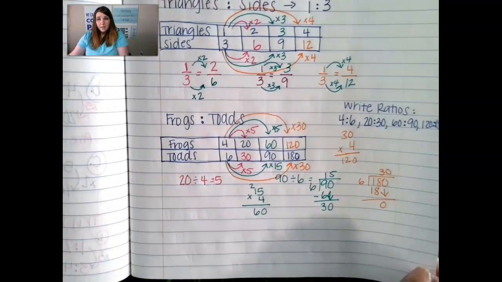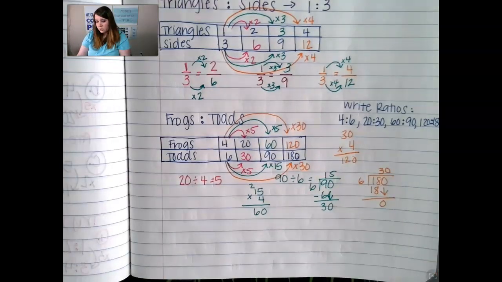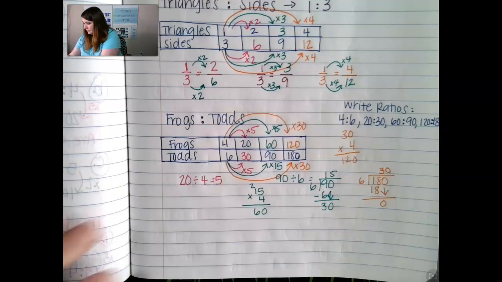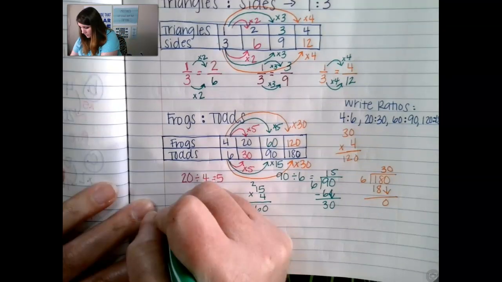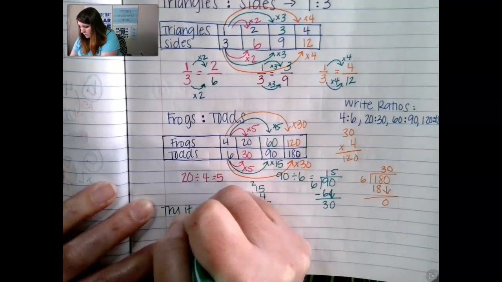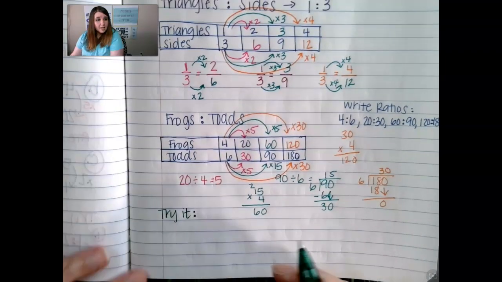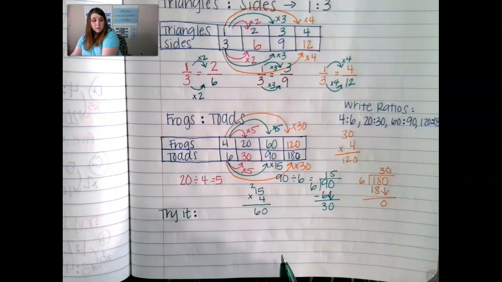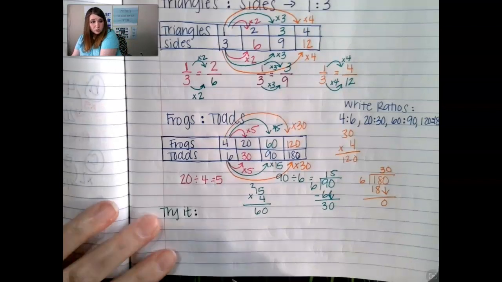All right, 6th graders, it is your turn to use a ratio table to find equivalent ratios. So here's your try it. Your try it is going to be comparing miles to hours.